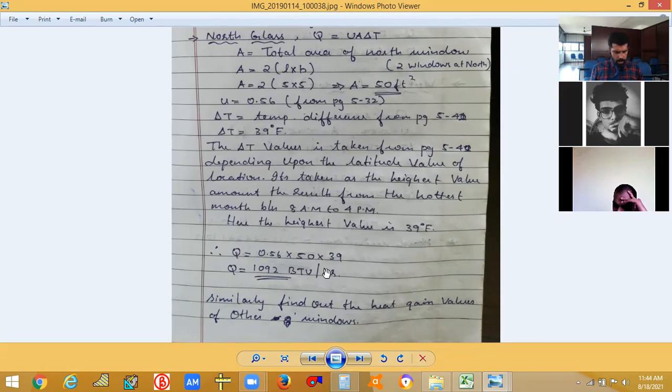Same method, okay? U value will be the same, area will be different, and delta T will be different. Area you can find easily. Delta T will be 158 for both. Let me know your answers for east glass and west glass. You can use the same step.